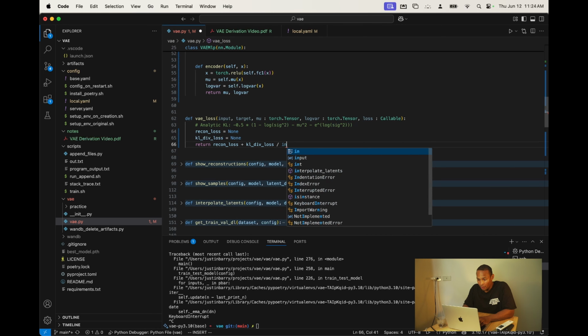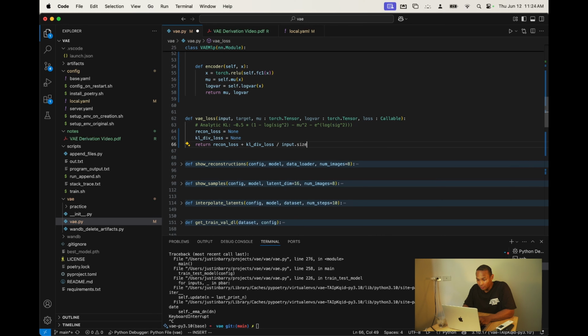And then we're going to divide it by input dot size, so the size of the batch. Because the reconstruction loss is going to be the sum over all elements in the batch, the KL divergence loss is going to be a sum over all elements in the batch. We're going to add those two together, and we want a mean. So we divide by input dot size, right?